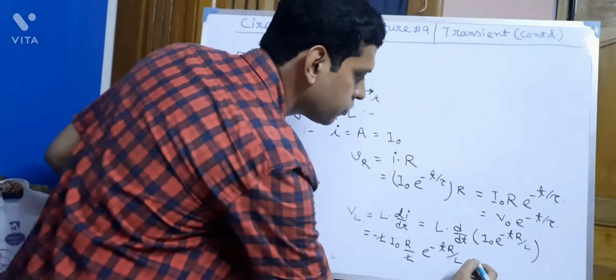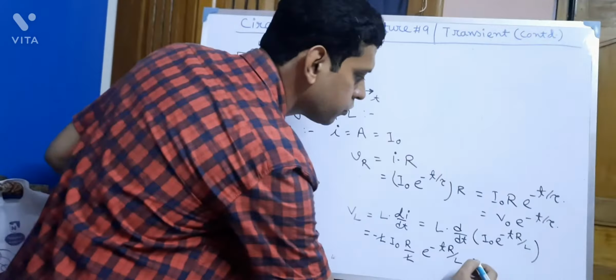We know that R by L equal to 1 by tau. So this is equal to minus I0R e to the power minus t by tau. Now I0 into R is equal to V0.